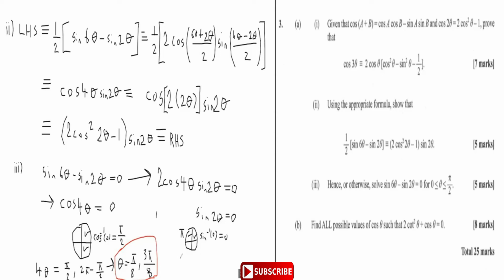So we're getting 2 theta is equal to 0, or 2 theta is equal to pi. When we divide through by 2, theta is 0 over 2, which is 0, or theta is pi divided by 2, which is pi by 2. So that's the solution. Nice and easy.